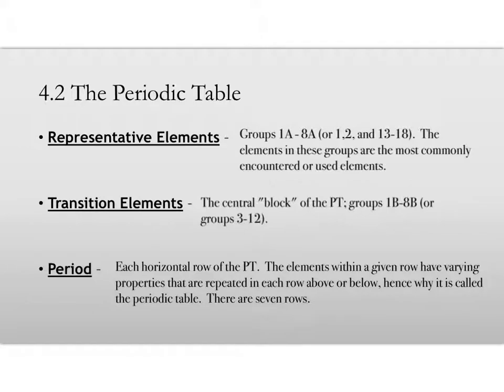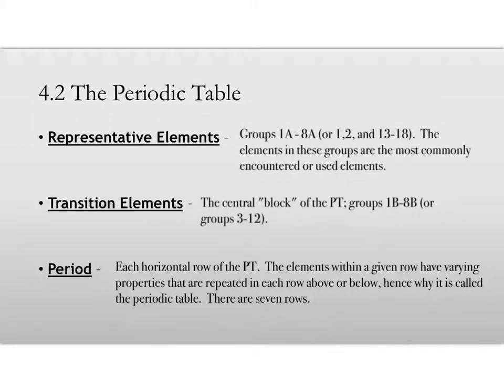Now, obviously, we do need things in the transition metal stage of the periodic table, but they're not very common in our bodies or for what we need to survive, so that's why they're not representative elements. But the transition elements are the central block of it, groups 3 through 12. The lanthanides and actinides are below the periodic table. We won't really discuss those because they're not super important.